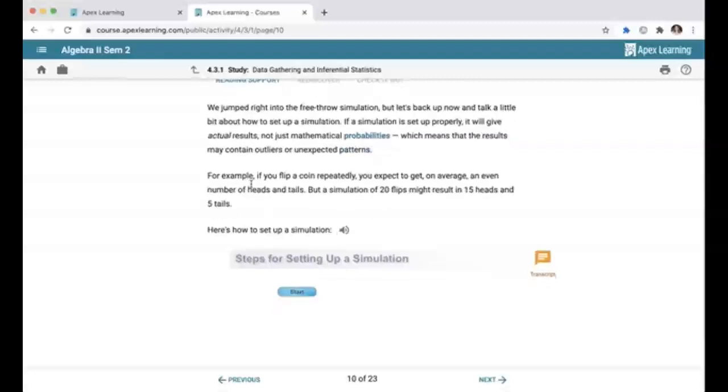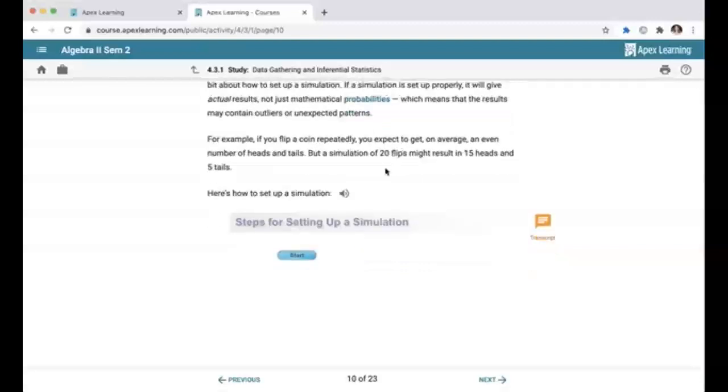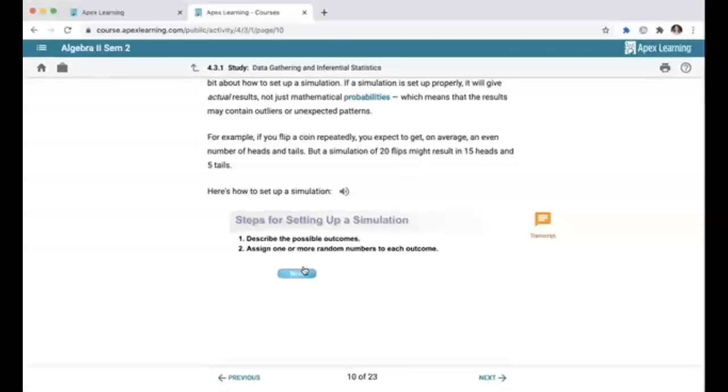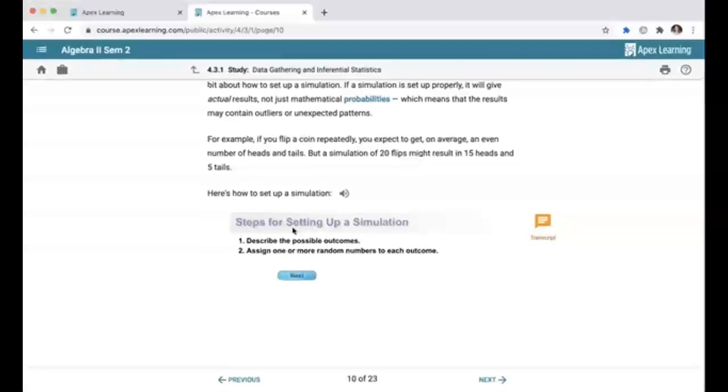For example, if you flip a coin repeatedly, you expect to get on average an even number of heads and tails, because it's a 50% chance it'll land on heads and a 50% chance it'll land on tails. But a simulation might have 20 flips, with 15 heads and 5 tails. So when we're looking at a simulation here, we have a couple steps to set it up.